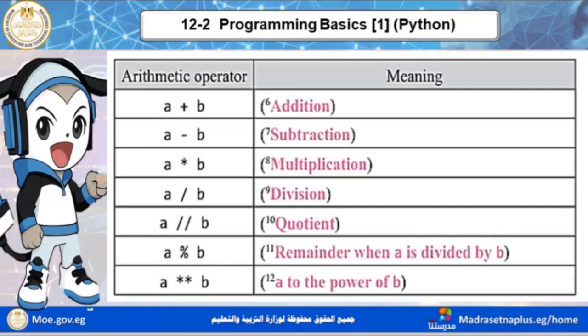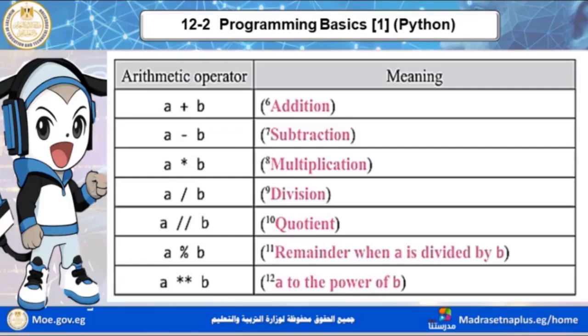We can get a real or float number. But the second type of division, which is A // B, gives a quotient, meaning an integer division. So if we divide 6 // 4, the result is 1, only 1.